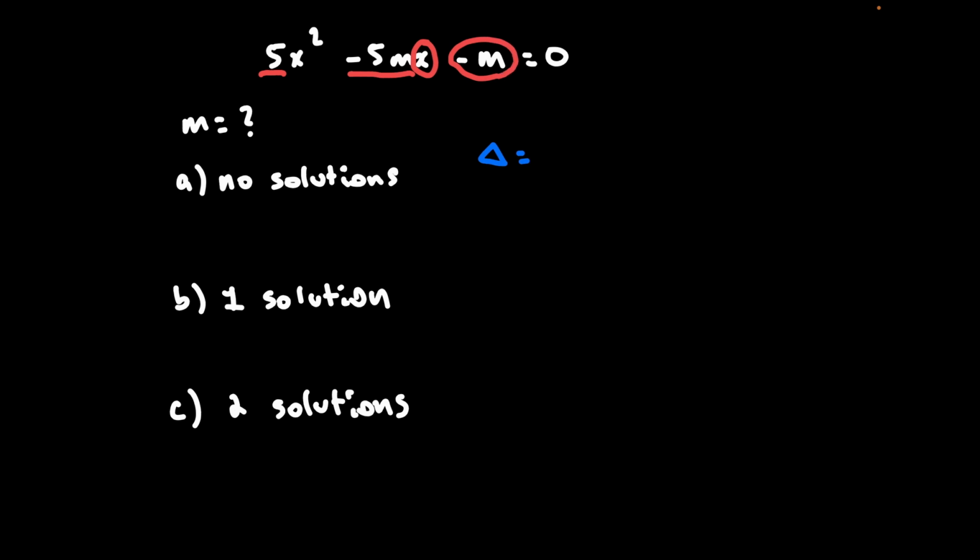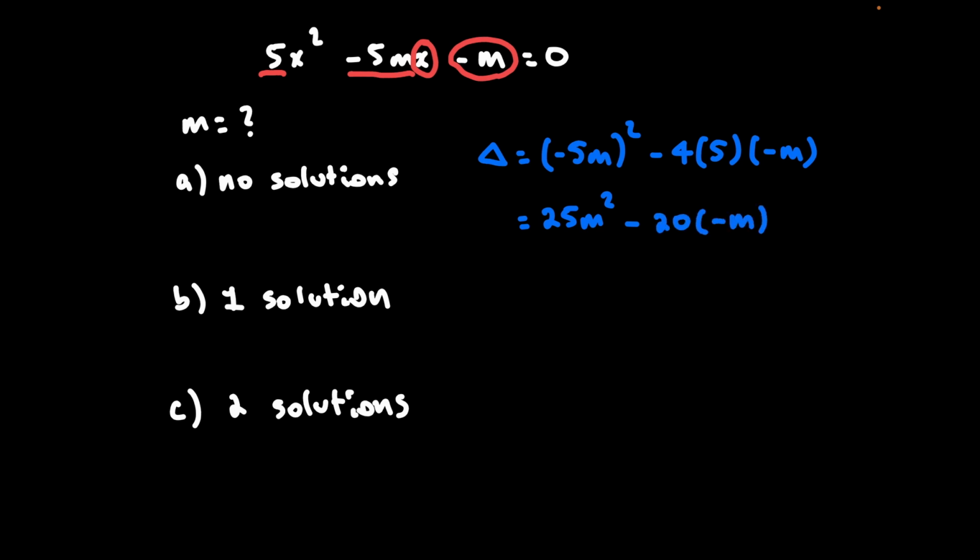So let's work out the discriminant. The discriminant is minus 5m squared minus 4 times 5 times minus m. If we expand it out, that is the same as 25m squared minus 20 times minus m, which is the same as plus 20m.